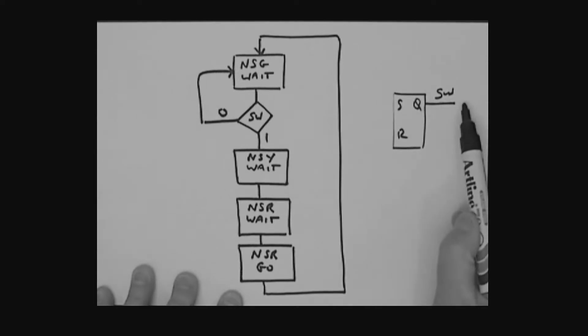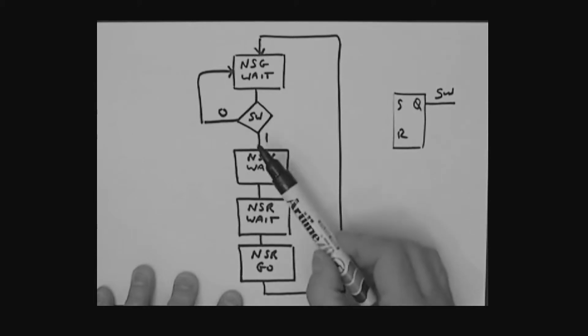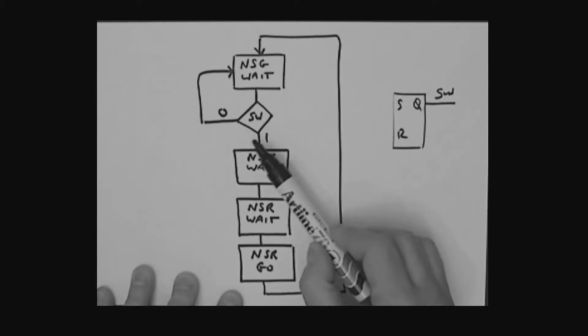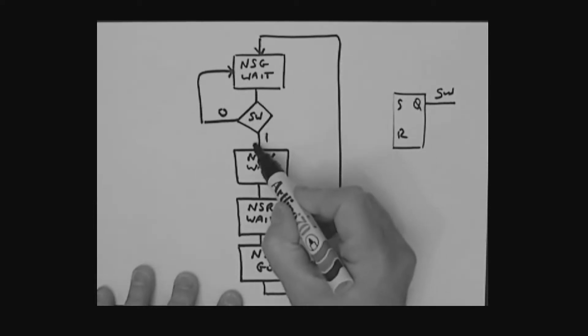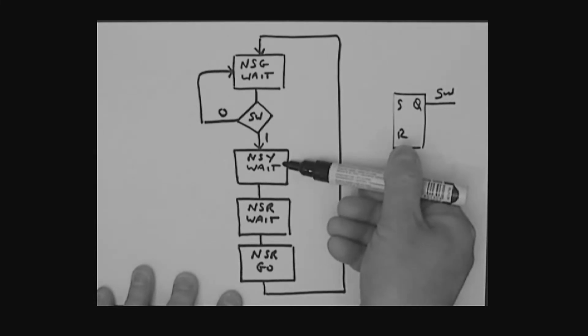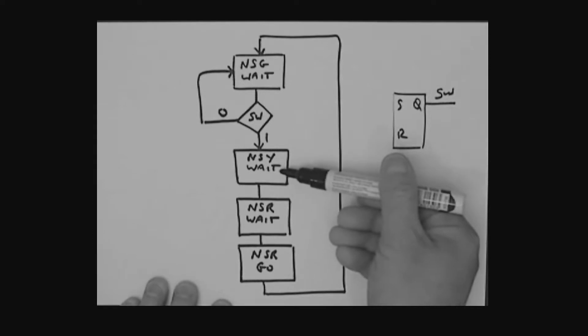That's what's feeding into my state machine. So somebody presses the switch, which will force SW to be latched at a 1, and then when we get the next system clock edge, we will move to this state over here where we are changing the lights, north, south, yellow, and wait.